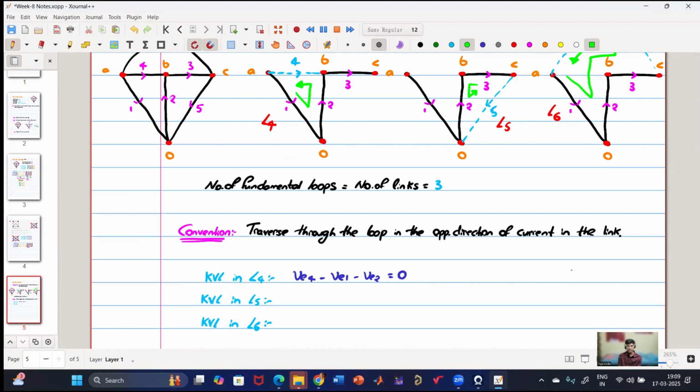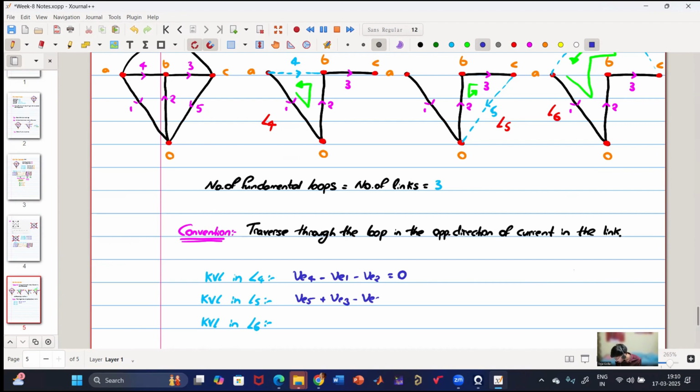Yes, sir. So now, can any one of you tell me what is the KVL equation in L5? V5 plus V3 minus V2 is equal to 0.